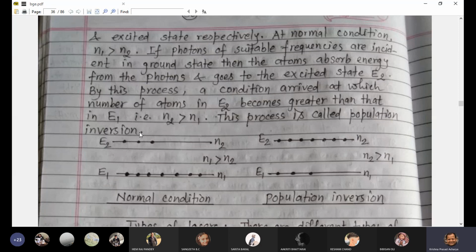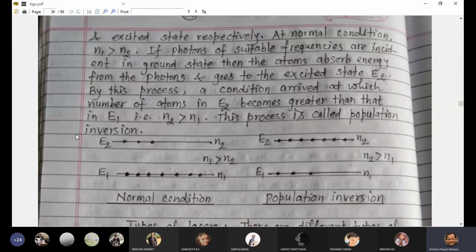That is the way by which the atoms in the ground state are pumped to the excited state. Now, here we are assuming that N1 is the number of atoms present in the ground state and N2 is the number of atoms present in the excited state, and at normal condition N1 is greater than N2.